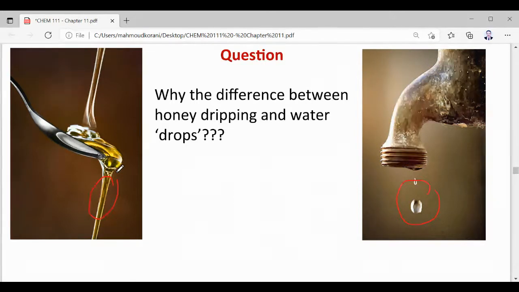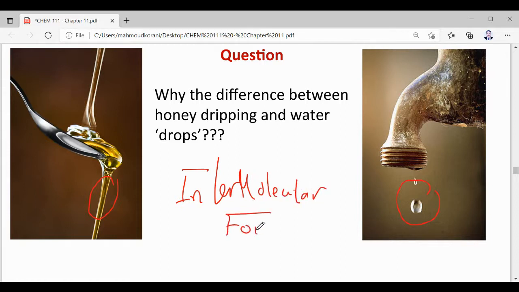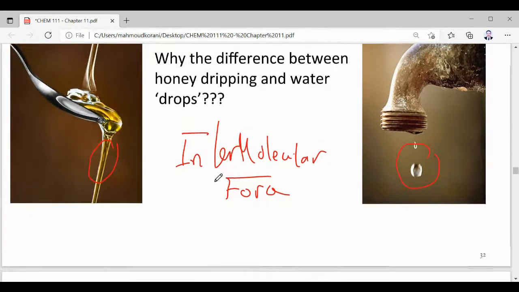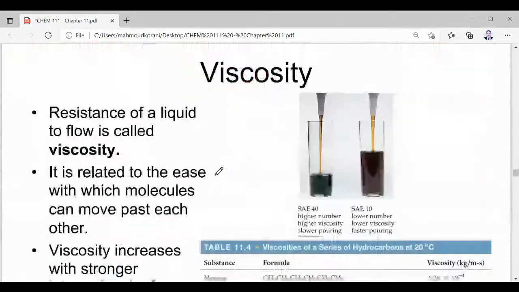You can answer that the viscosity is responsible, because the viscosity of honey is higher than the viscosity of water, and the reason for the higher viscosity here is intermolecular forces. So why the difference between honey dripping and water drops? The main reason is the viscosity, the intermolecular forces.